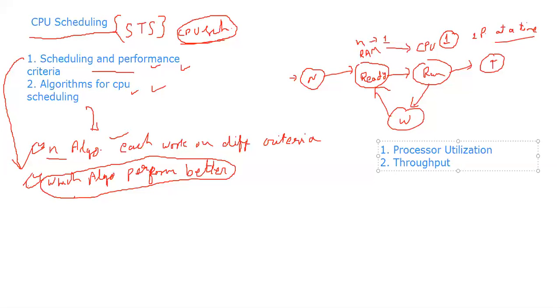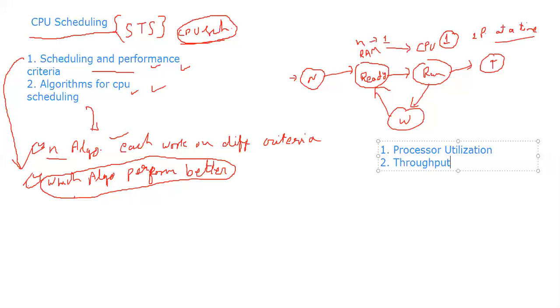If I ask, in 1 unit of time, how much work has been completed, or in any 1 unit of time, how many processes got completed, this is the throughput. Suppose I have 100 processes which get completed in 1 unit of time. That is throughput. Throughput means I am able to solve n number of problems in a particular amount of time.